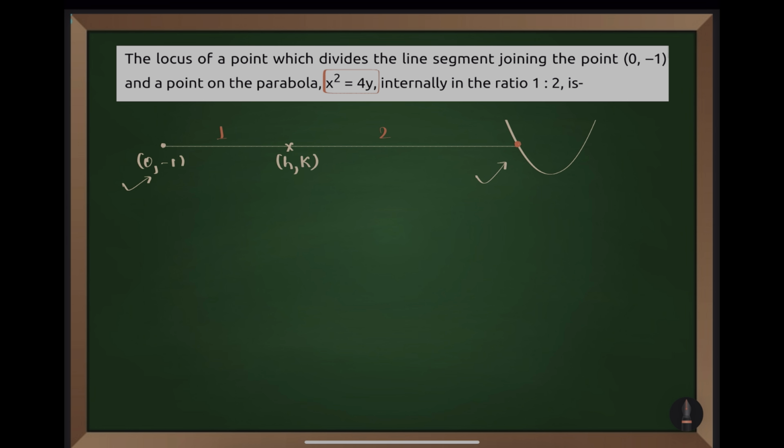Now they are saying that there is a second point on this parabola. So you have to imagine a point on the parabola. Whenever there is a requirement of assuming a point on a parabola, ellipse, hyperbola, circle or a straight line, we will imagine it in parametric form. Correct or wrong? Now suppose we have y square equals 4ax.